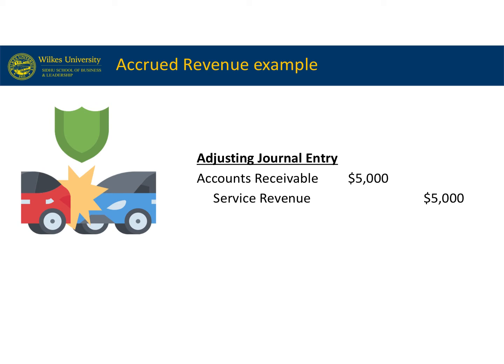With all the other year-end activities going on, service revenue has not yet been recorded, and an adjusting entry needs to be made. So on December 31st, which is the date, not necessarily when we make the entry, but the date we record the entry, the adjusting entry increases revenue and increases the asset accounts receivable. So accounts receivable is debited and service revenue is credited.